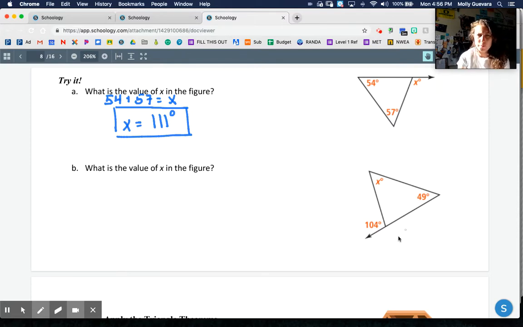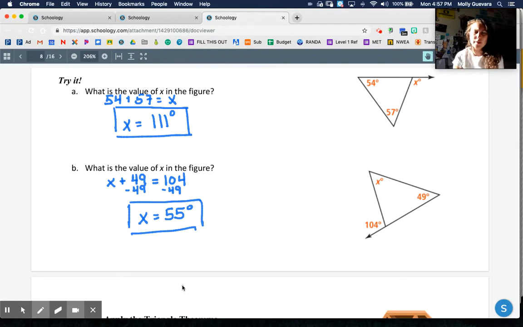And then for part B, I'm given that my 2 remote interiors, so x plus 49, equals my exterior. Subtract 49 from both sides. And then 104 minus 49 is 55 degrees. So x is 55 degrees.